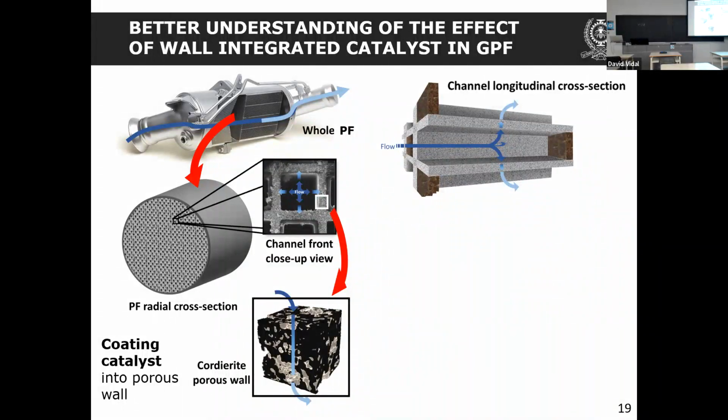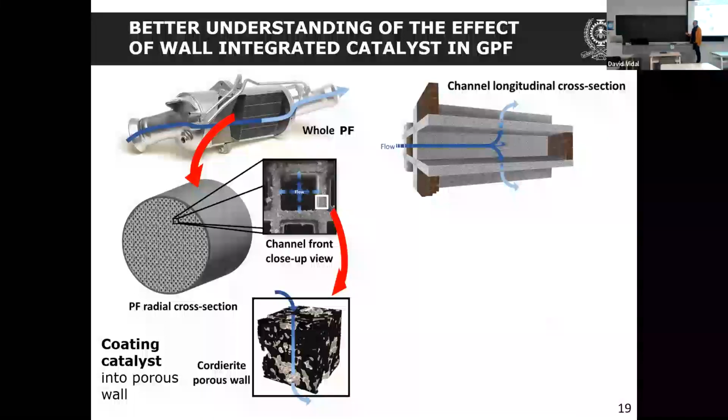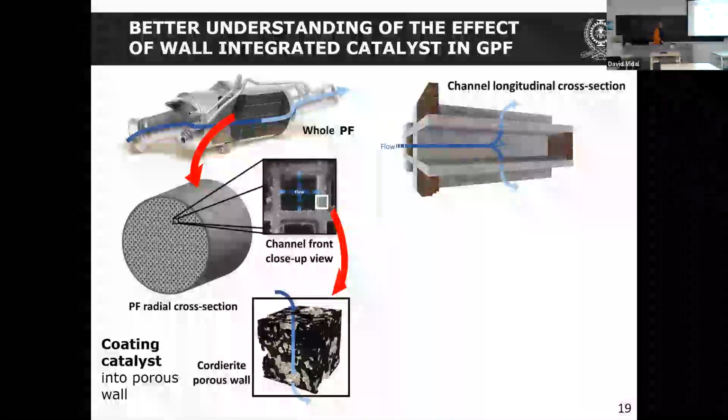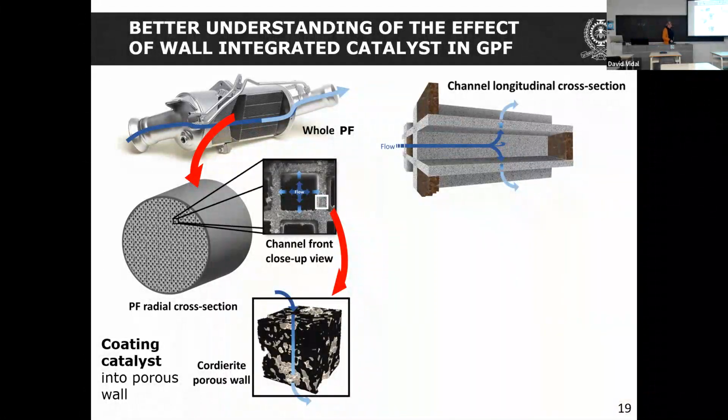So you're forcing the flow of air to go through this porous material, which could be made of ceramics, and most of them are, or silicon carbide. The pore size is so small that you collect the soot particles in this structure. And if you have also deposited the catalyst inside, you can at the same time convert the noxious gas.